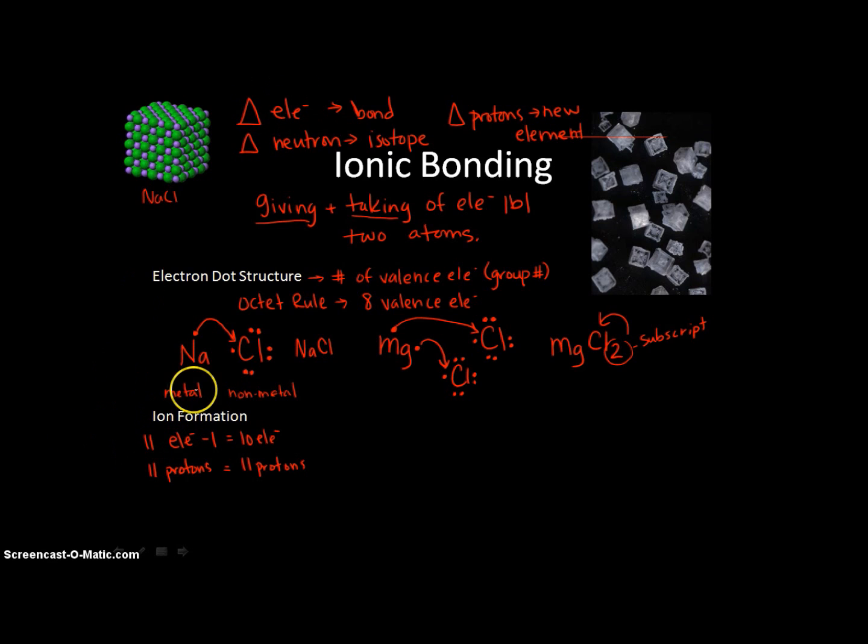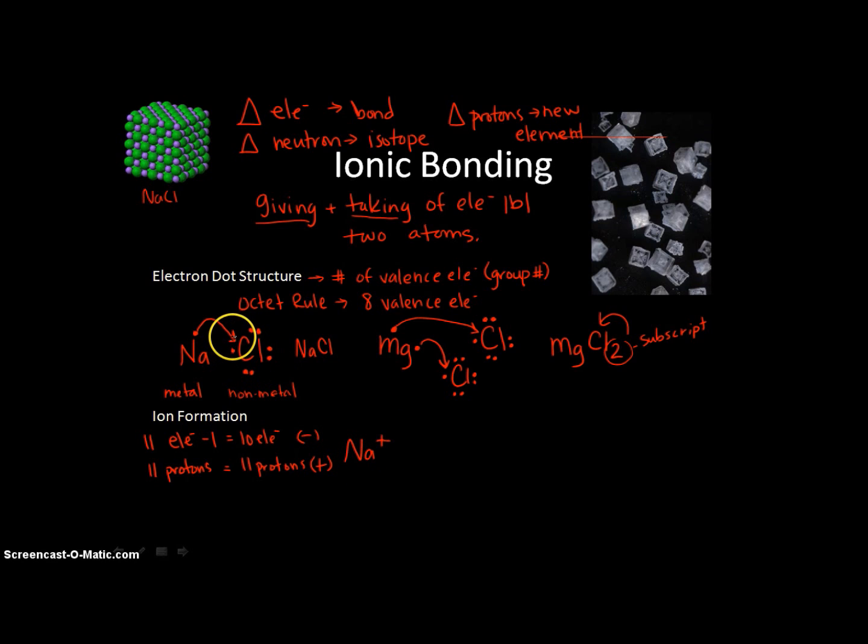So sodium gives 1 electron away. Now sodium has 1 less electron than it does proton. Protons are positive and electrons are negative, so its overall charge is going to be positive. Sodium is going to be this positive 1 charge.